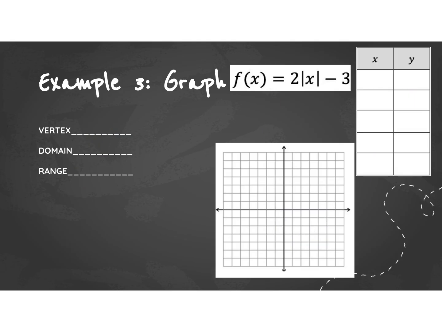So now we get a little bit different look because there's a number in front of the absolute value. My vertex becomes 0, negative 3, okay? So there's my point. I start at 0, negative 3. So I go 2 up, 2 down.